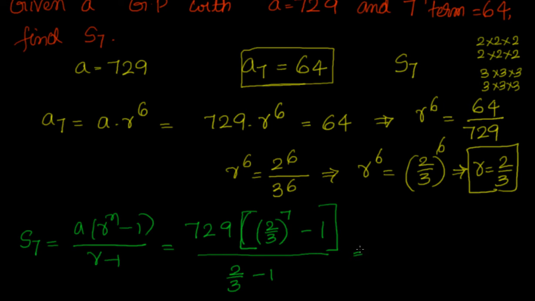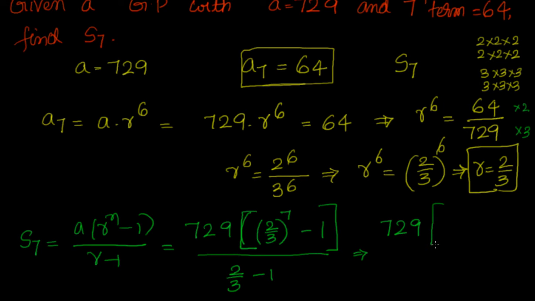We have to do a little bit of work here. Now you know 2 by 3 whole to the power of 6 is equal to 64 by 729, right? Now whole to the power of 7 means I should multiply again with 2 and 3 here, right?